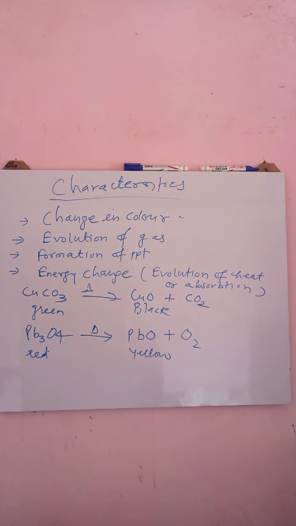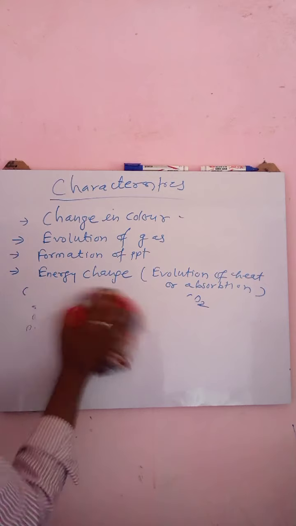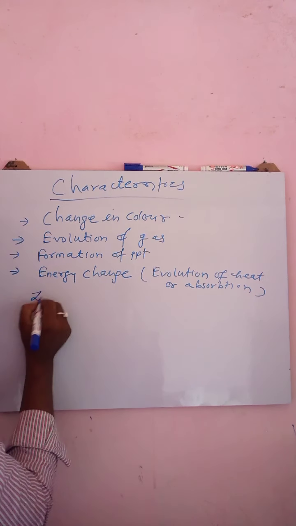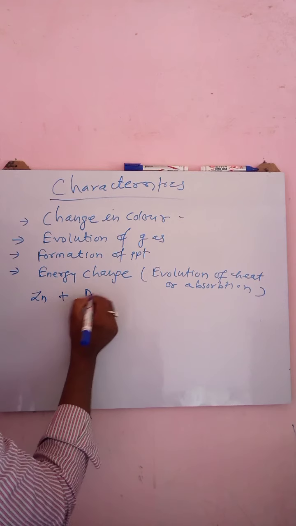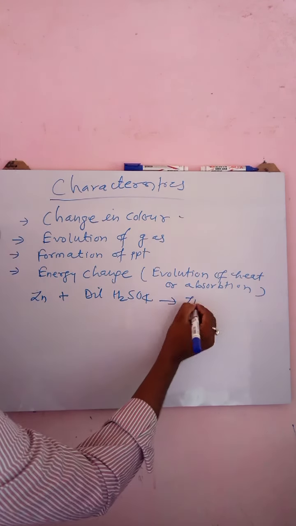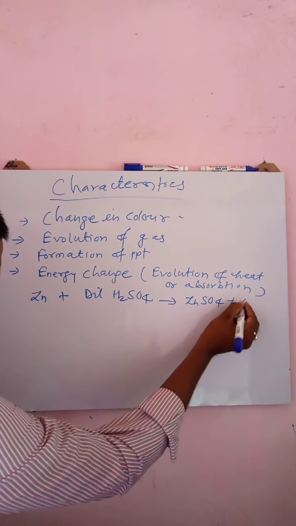Right? Second is evolution of gas. Chemical reactions take place with evolution of gas. When zinc granules are treated with dilute sulfuric acid, it forms zinc sulfate plus hydrogen gas.